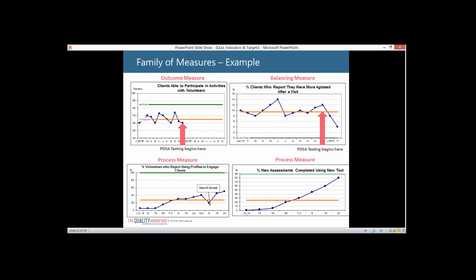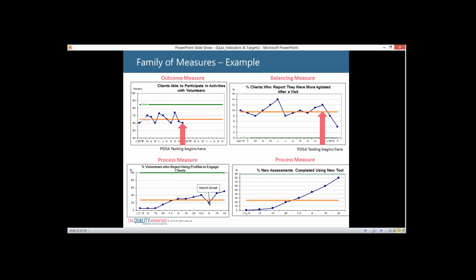And so you can see again that you can annotate where the PDSA testing starts. And we can see on this particular one that once PDSA testing started, there actually was a decline being reported. I neglected to mention that on the outcome measure as well on the charts, we always put the target.